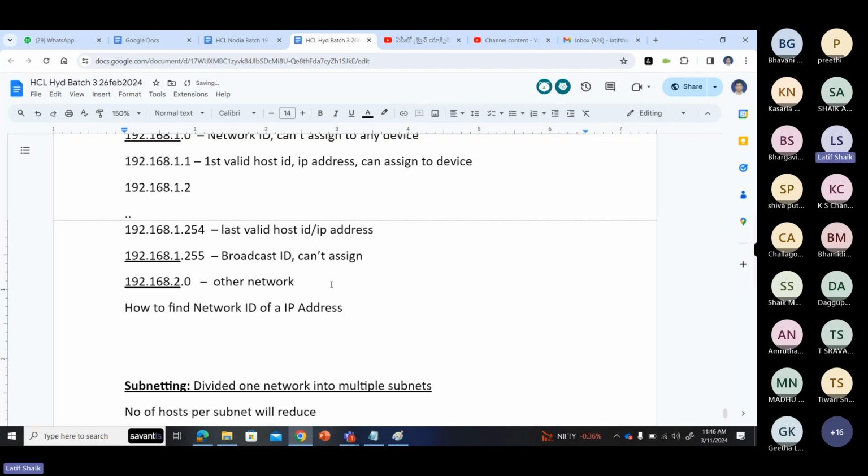Check it here, guys. Just to take an example, I have 183.415.33.44. This is my IP address, and every IP address has a subnet mask, right?